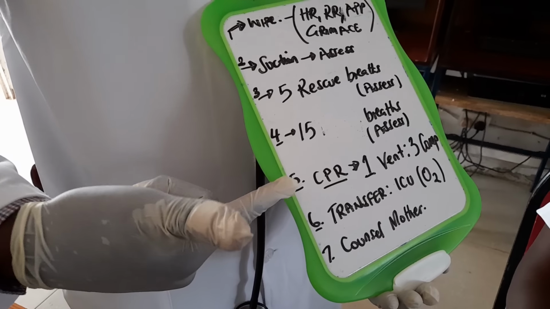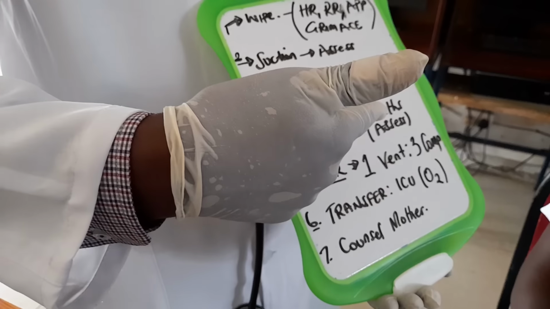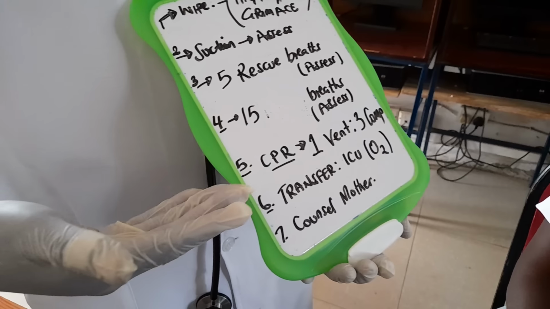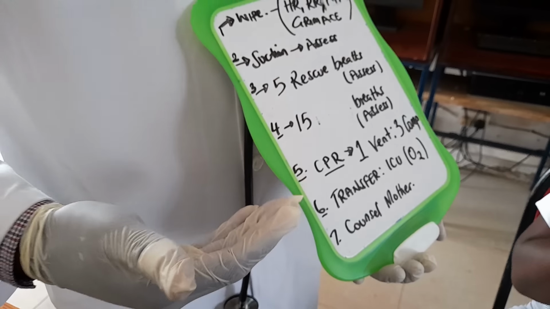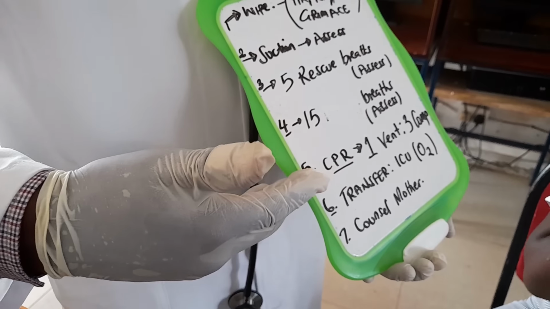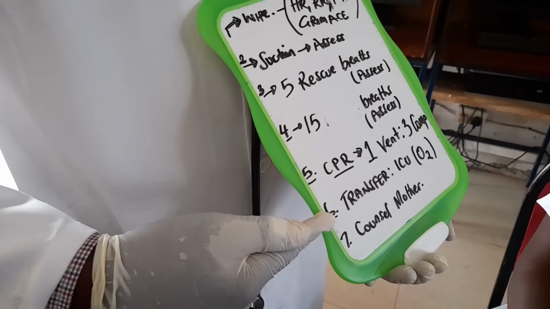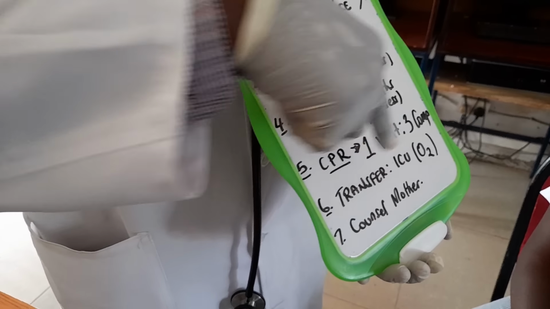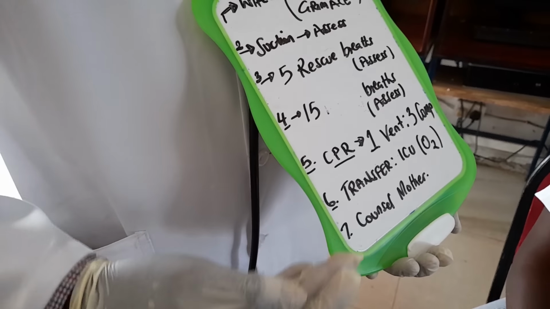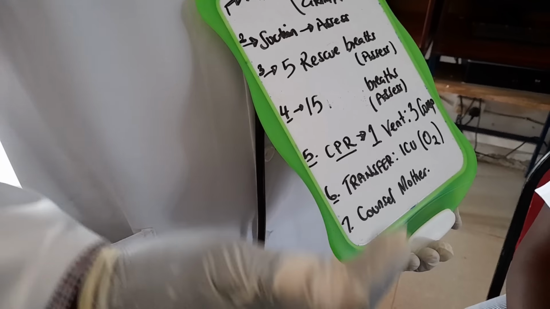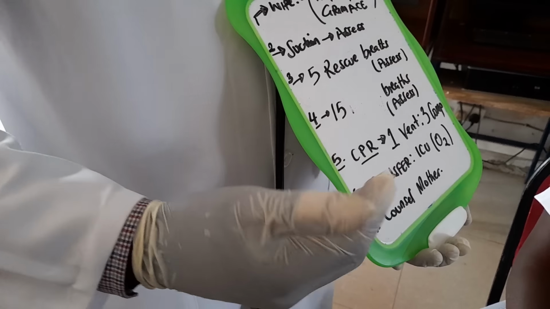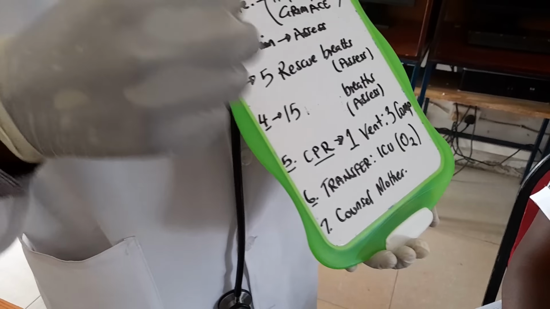Under CPR, you give 1 ventilation to 3 compressions. If the baby cries here, you give the baby to the mother for kangaroo care. If the baby does not cry at this point, you transfer to ICU or connect the baby to oxygen. Then get back to the mother for counseling. Counsel the mother on why you have taken this baby to ICU. This has to be performed in exactly 5 minutes, so take time to practice so that you know the procedure step by step. Thank you very much for watching.